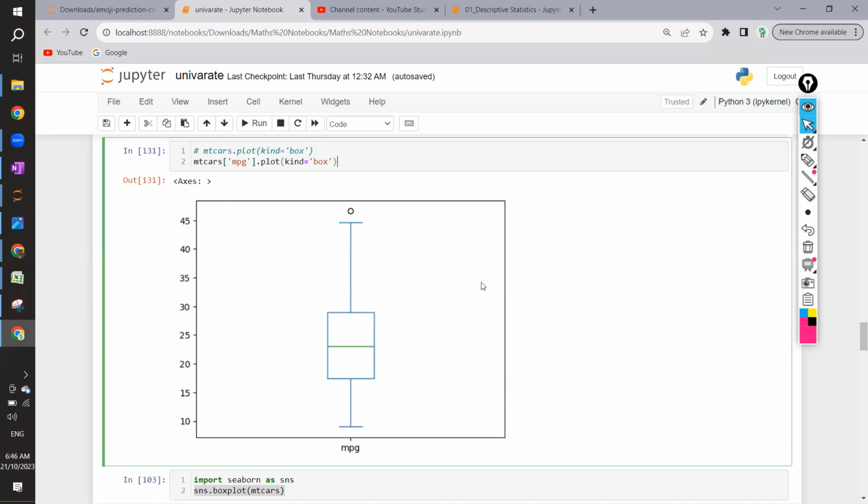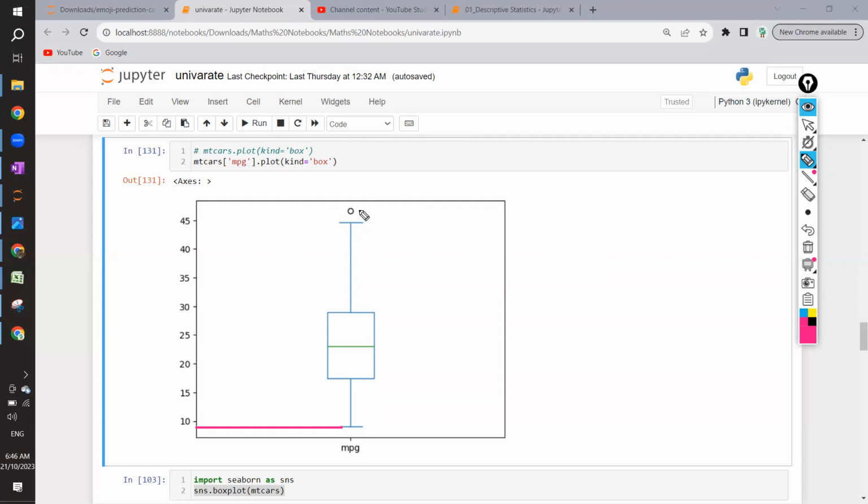Just by looking at this as a new person, let's try to understand what we can infer. First of all, it is saying the minimum value could be somewhere around 10, not exactly 10, but looks like just less than 10, around 9. See guys, try to understand this important point.